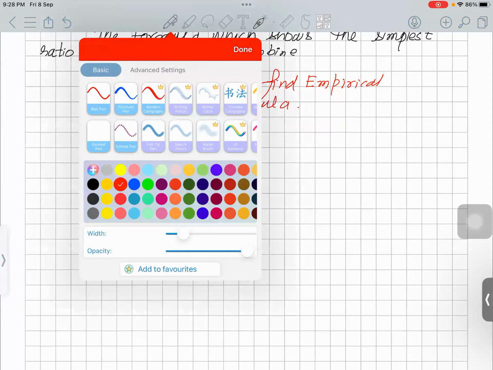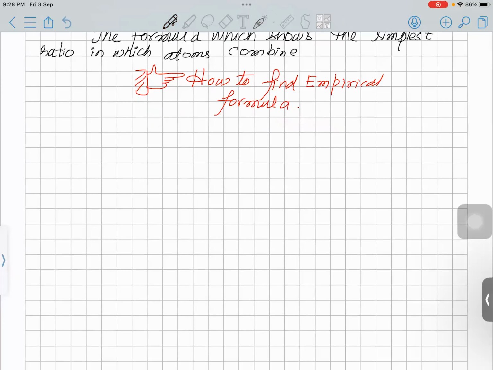Now look at the method. First, find the masses that combine.